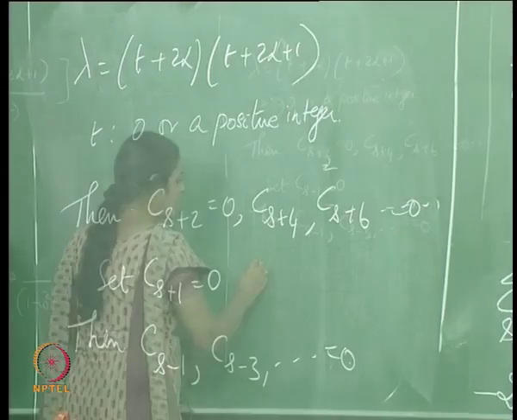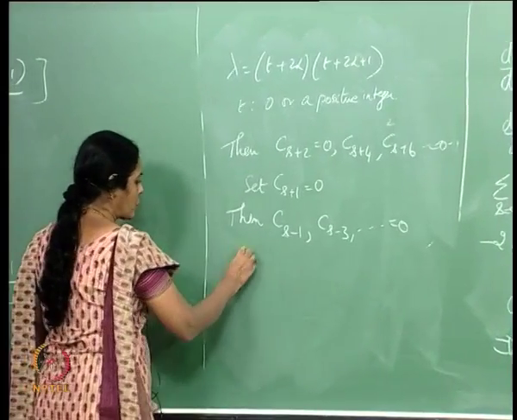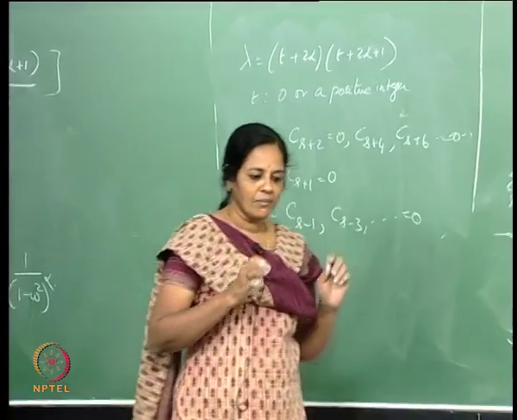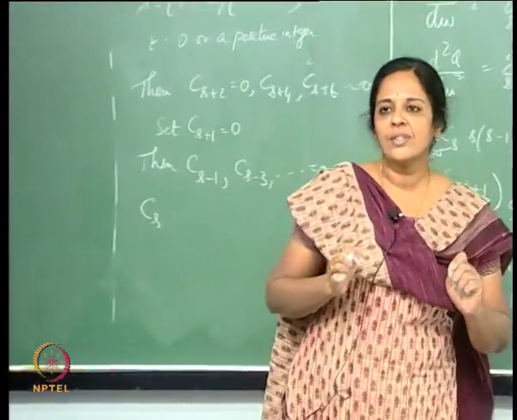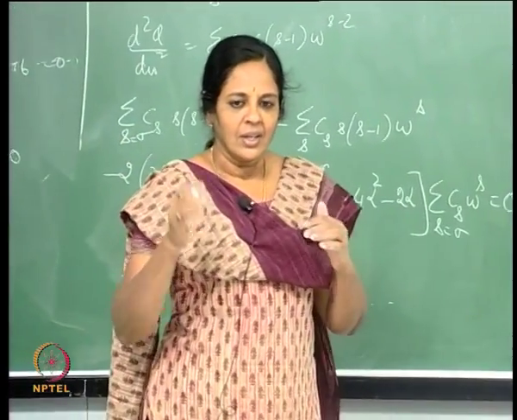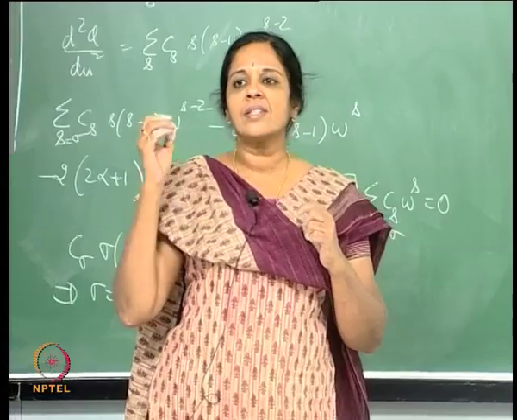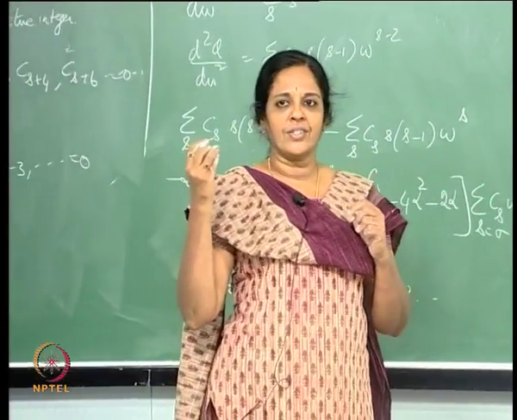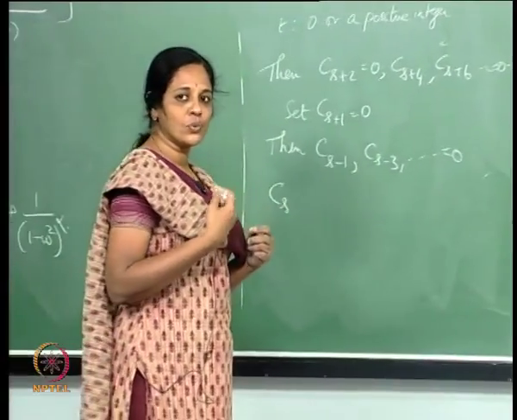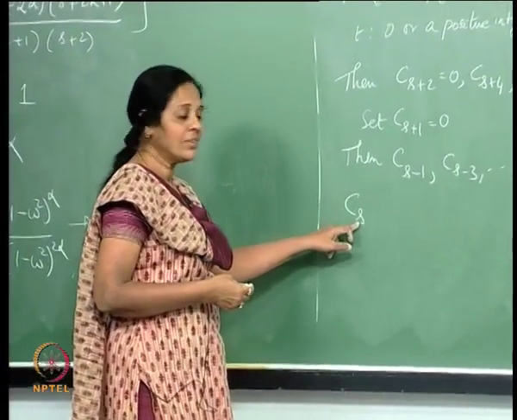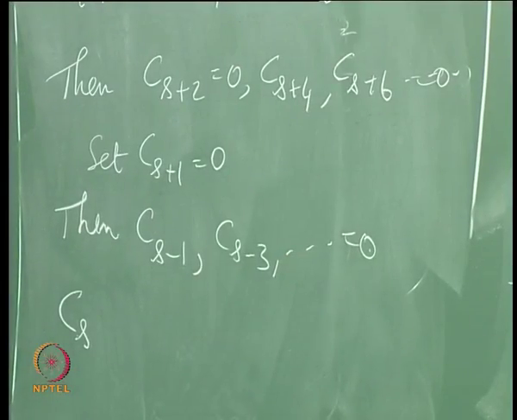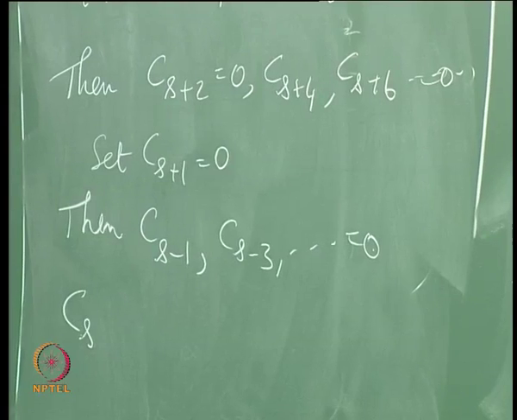So depending on whether the series terminates with Cs when s takes the value t, and the important thing is this, it's not just a finite series. If s is an even integer, only even terms contribute, like C0, C2, C4, C6 and so on. If s is odd, C1, C3, C5 and so on contribute.